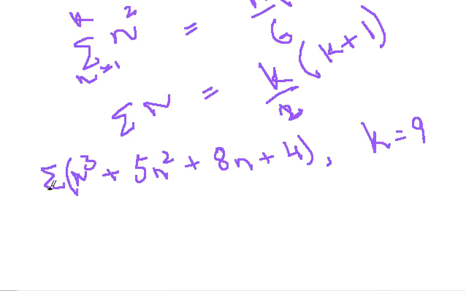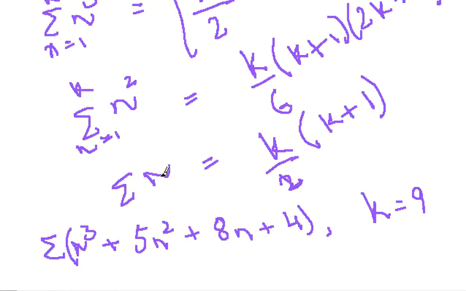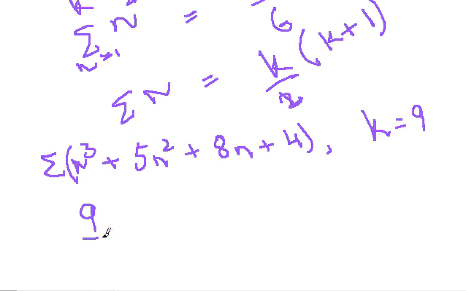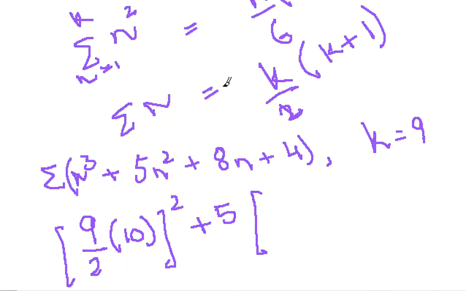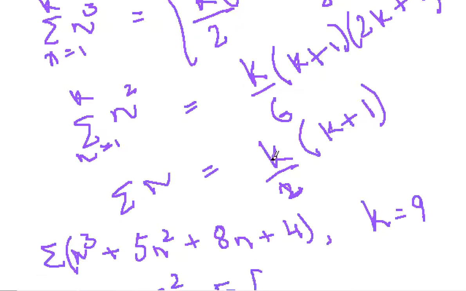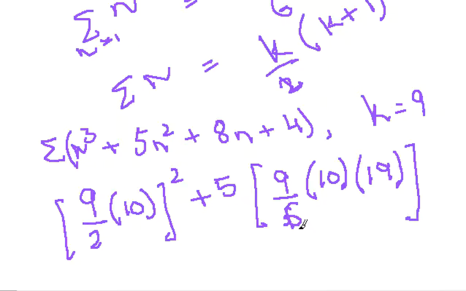Now for sigma n cube, we simply need to put k equal to 9 and evaluate this expression. So this becomes 9 upon 2 into 9 plus 1 is 10 whole square, plus 5 into, now for n square we have to put 9 in this expression and compute it. This is 9 by 6 into k plus 1 is 10, that is 9 plus 1, into 2k plus 1 is 9 into 2, 18 plus 1, 19, and bracket close.